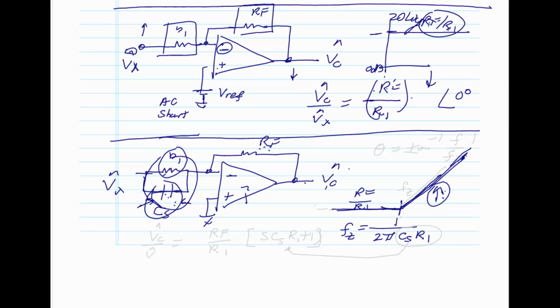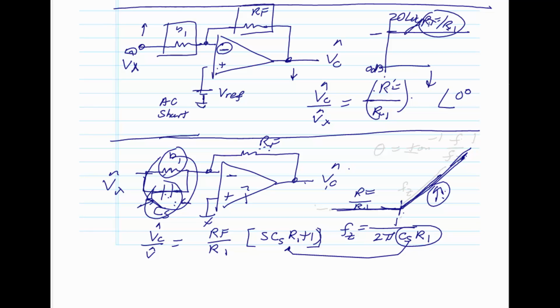So what is the transfer function of this? Assuming that we always are negative, so we forget the negative sign, we have RF over R1 times (S CS R1 plus 1), and this is the 0. You write it out just like that. So you can see there's your gain.